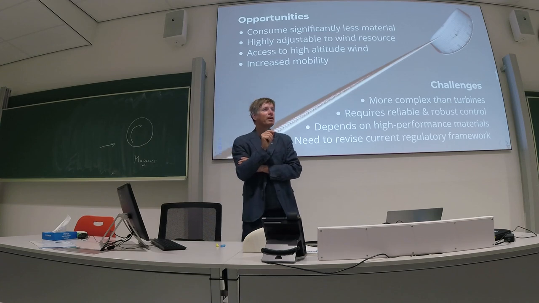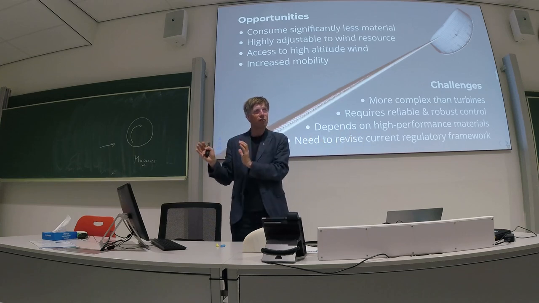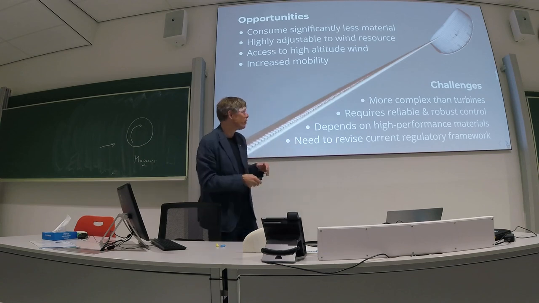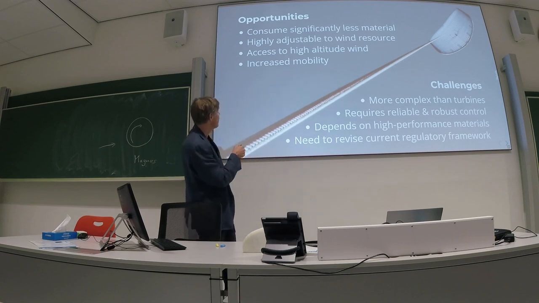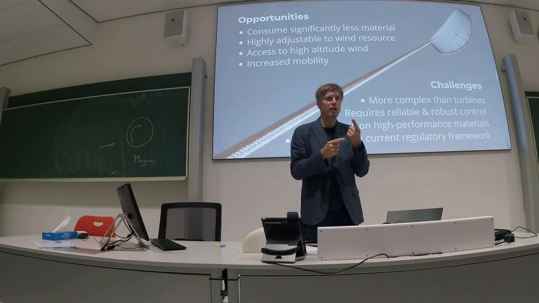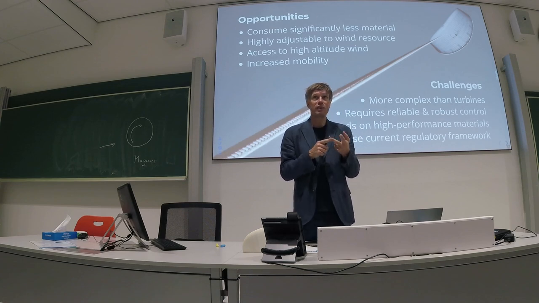Interesting thing is, we do something that is called a life cycle analysis. For fixed wing kites and for soft wing kites, we compare it to wind turbines, and there are quite a lot of advantages here, especially on this material aspect and on criteria like global warming potential and cumulative energy demand.